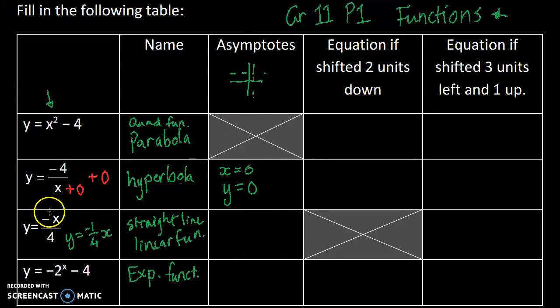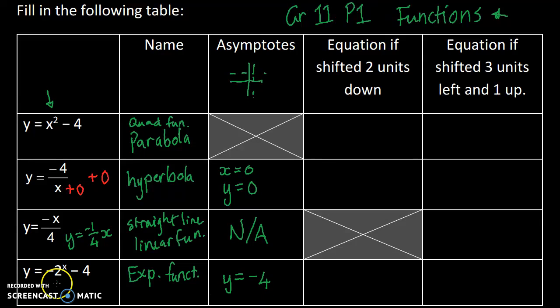Okay, asymptotes of a straight line. And here is a trick question. Does a straight line have an asymptote? No, it doesn't. So this is not applicable. There are no asymptotes. But an exponential function does have an asymptote. Where is it? Well, it's at y is equals to negative 4.